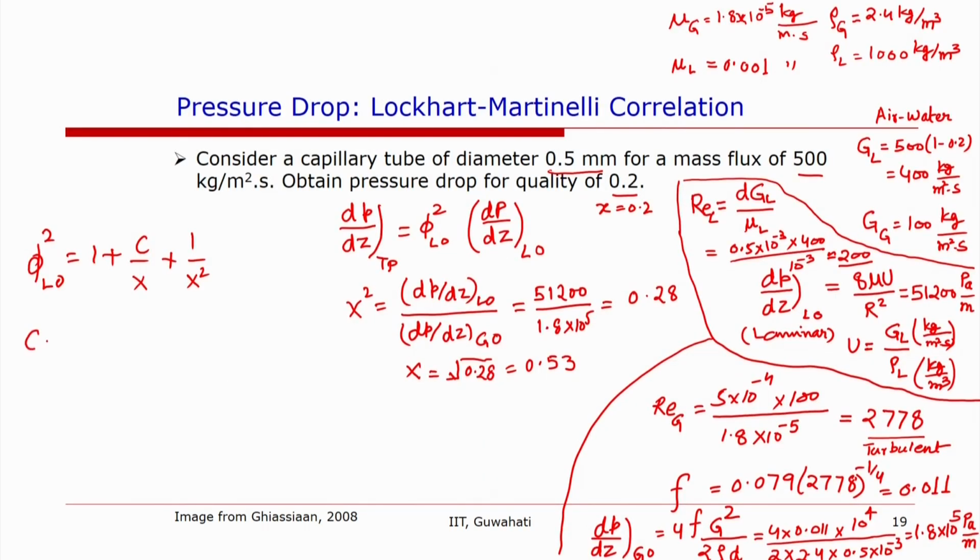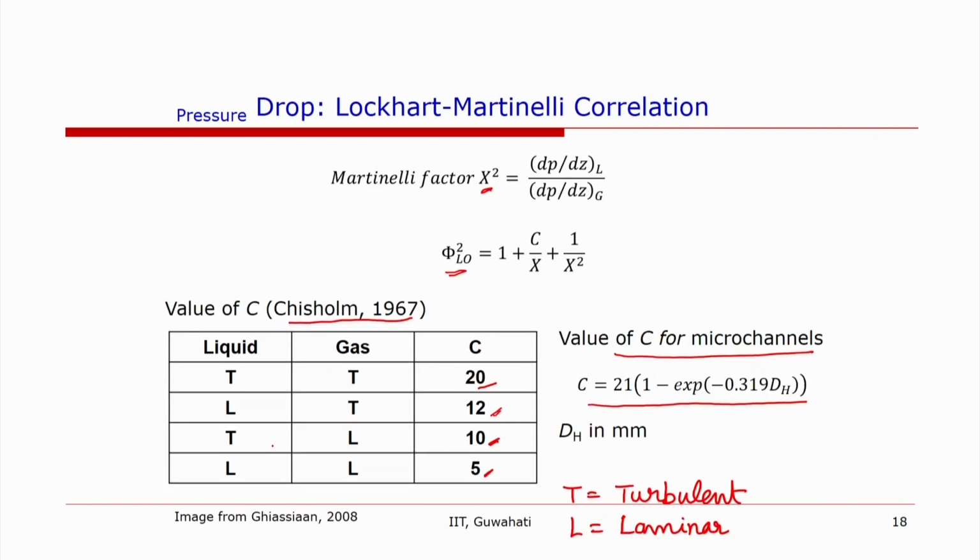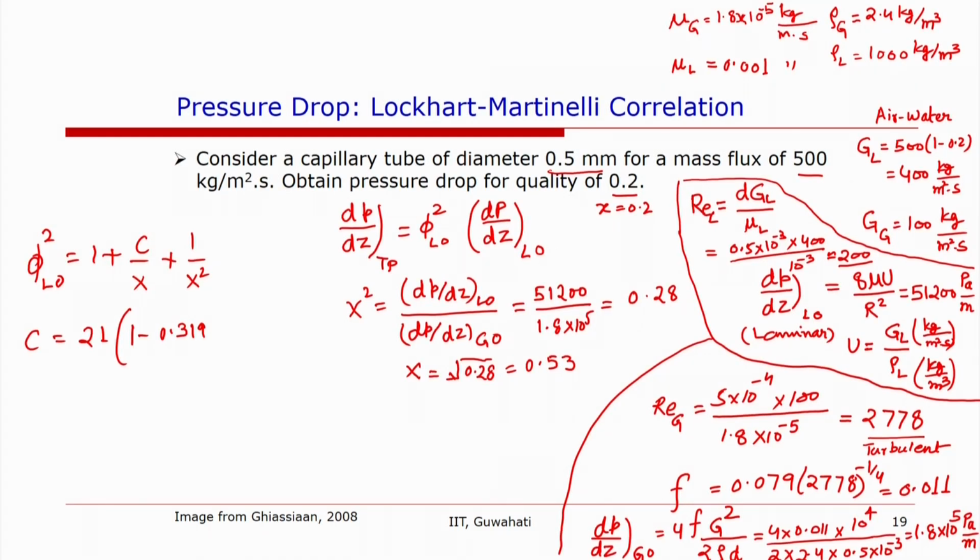So C is equal to 21 into 1 minus exponential minus 0.319 into 0.5. So one gets the value of C to be 3.1. Remember, this is in mm.